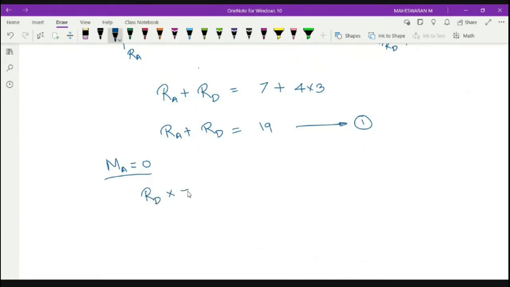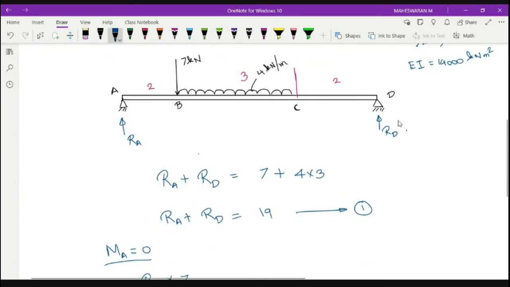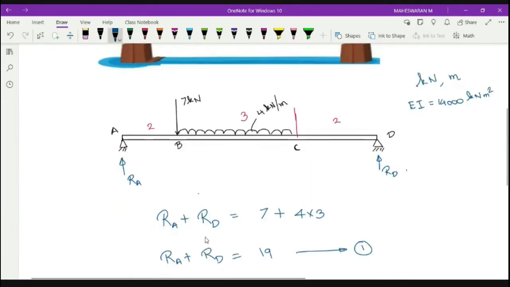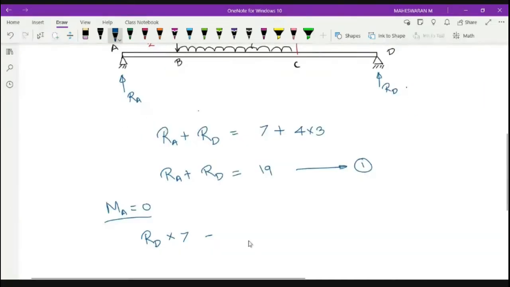This is rotating anti-clockwise, so I'll consider that as positive. The other forces are rotating clockwise, so negative. For the point load, the distance is 2 meters, so force into perpendicular distance: minus 7 into 2, minus the UDL.